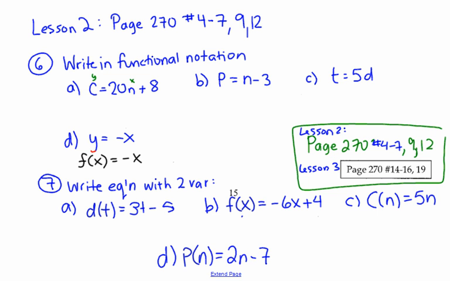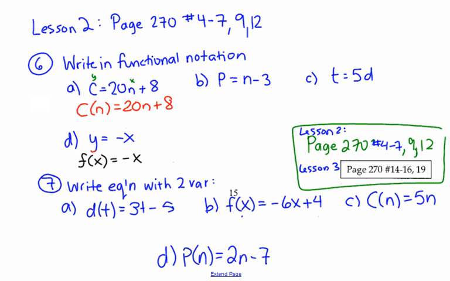So if I want to change that to functional notation, we want to keep the integrity of the original variables. The reason why is there probably is context to that equation. So to write that in functional notation, we just write c of n equals 20n plus 8. So c is a function of n. c of n.